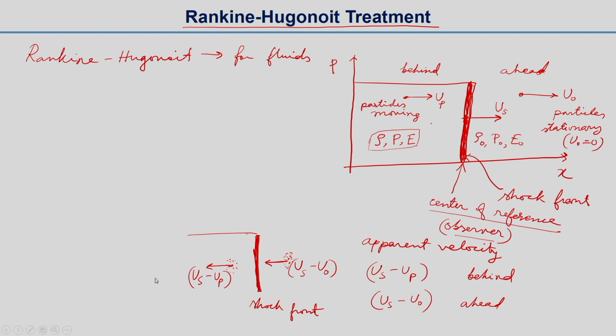So, these are the apparent velocities. We will first start with conservation of mass, and then conservation of momentum and conservation of energy, like the analogous treatment discussed in the last lecture.